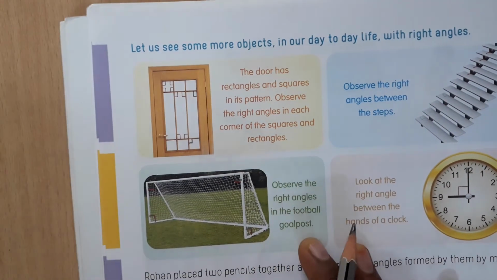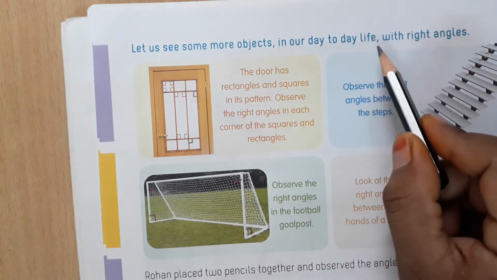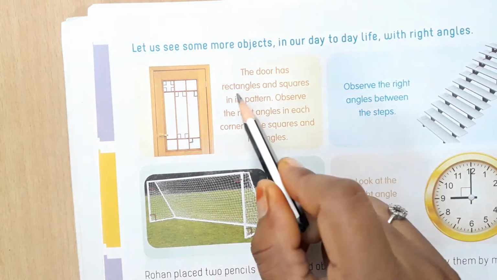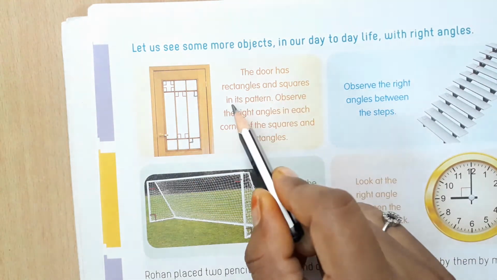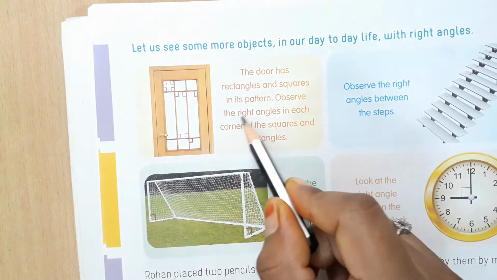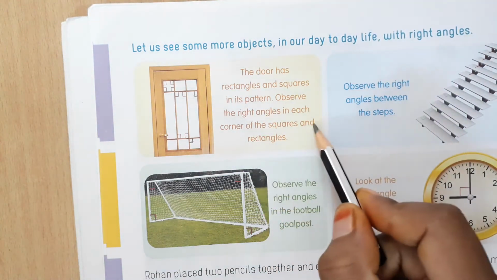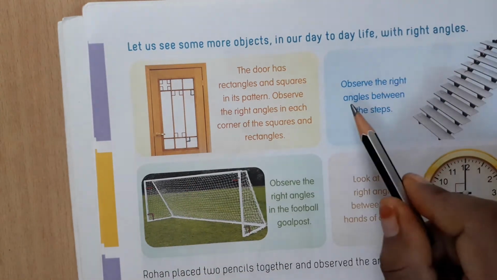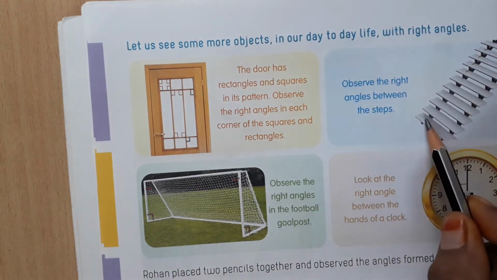Let us see some more objects in our day-to-day life with right angles. So doors. The door has rectangles and squares in its pattern. Observe the right angles in each corner of the squares and rectangles. Next, observe the right angles between the steps.